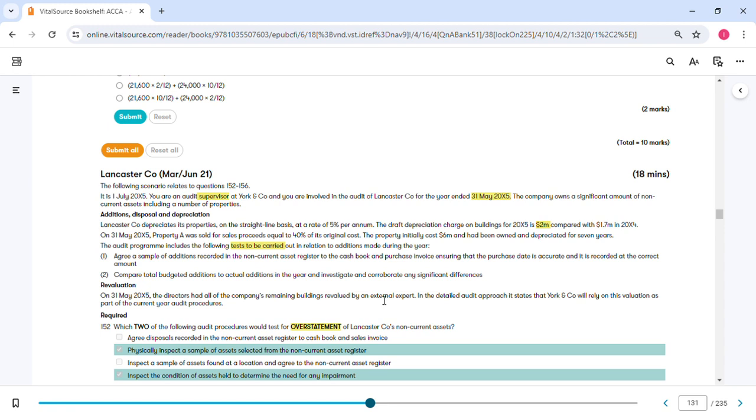Now, how many years have been over? What is the rate of depreciation? 5%. What is the value of the asset? 6 million. How many years are completed?